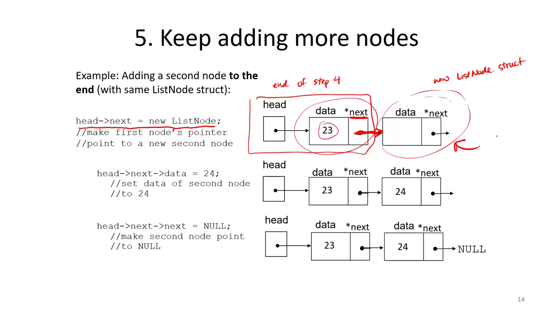So notice this allows us to add a second node to the end of our list. And now, just like before, I can use the arrow operator to update the data and the next pointer in that second node.